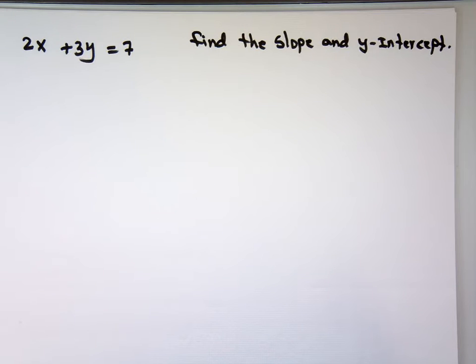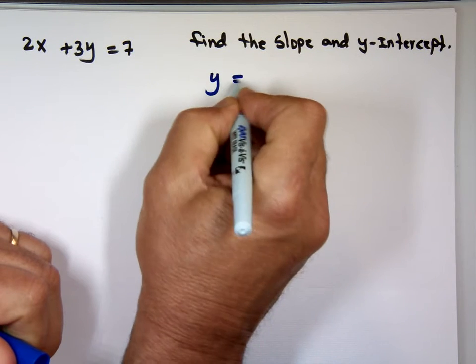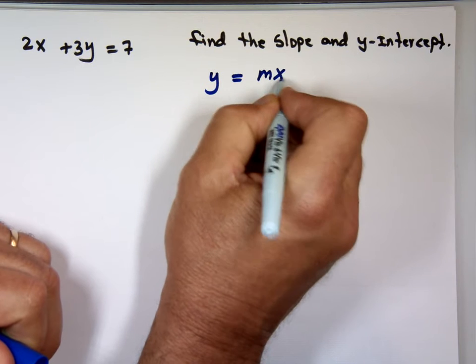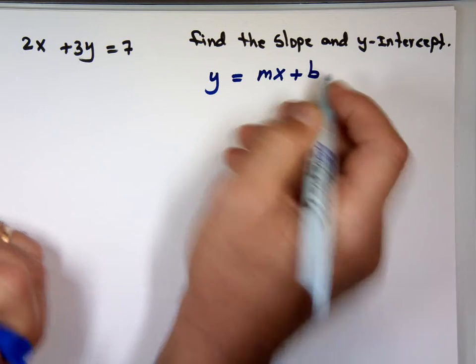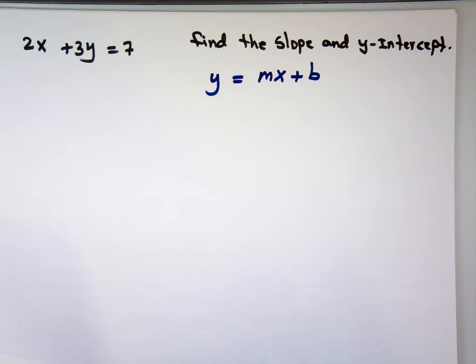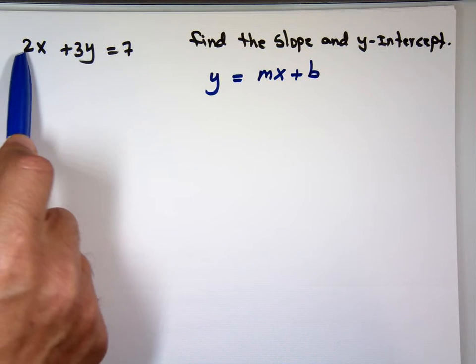And maybe I'll graph them after. So what's my slope here? Everyone knows the slope is the number in front of x. They go, I got it, I got it. Y equals mx plus b. So they go, my slope is the number in front of x, 2. I go, try again.